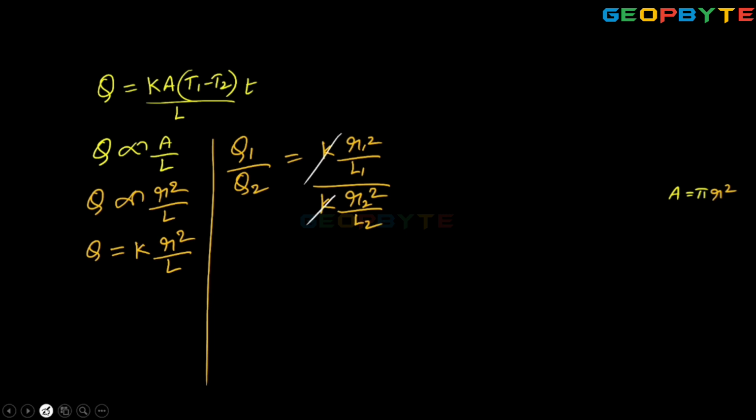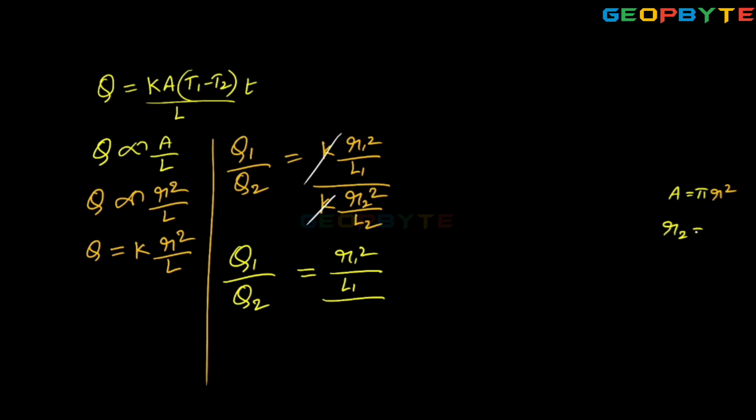Then Q1 by Q2 equals R1 square by L1 divided by R2 square by L2, where R2 equals R1 by 2. So (R1 by 2) whole square, divided by L2. Here volume V1 equals V2. Volume remains the same. Radius may be changing, but volume remains the same.